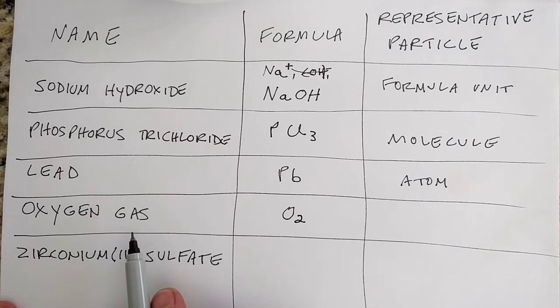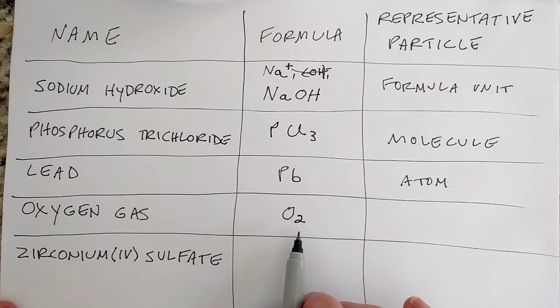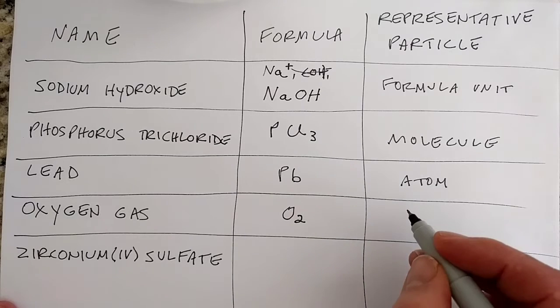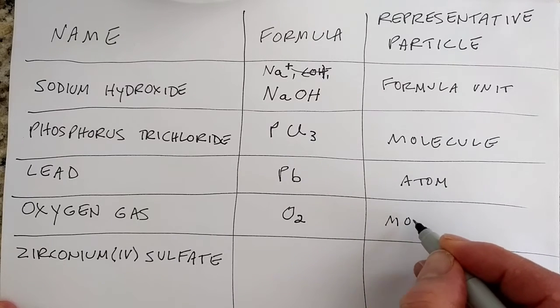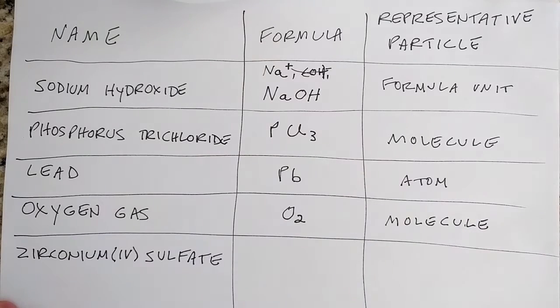Oxygen is one of the Hofbrinkel elements. So our representative particle then is a molecule. Our Hofbrinkels are covalently bonded. So the smallest particle is a molecule of O2.